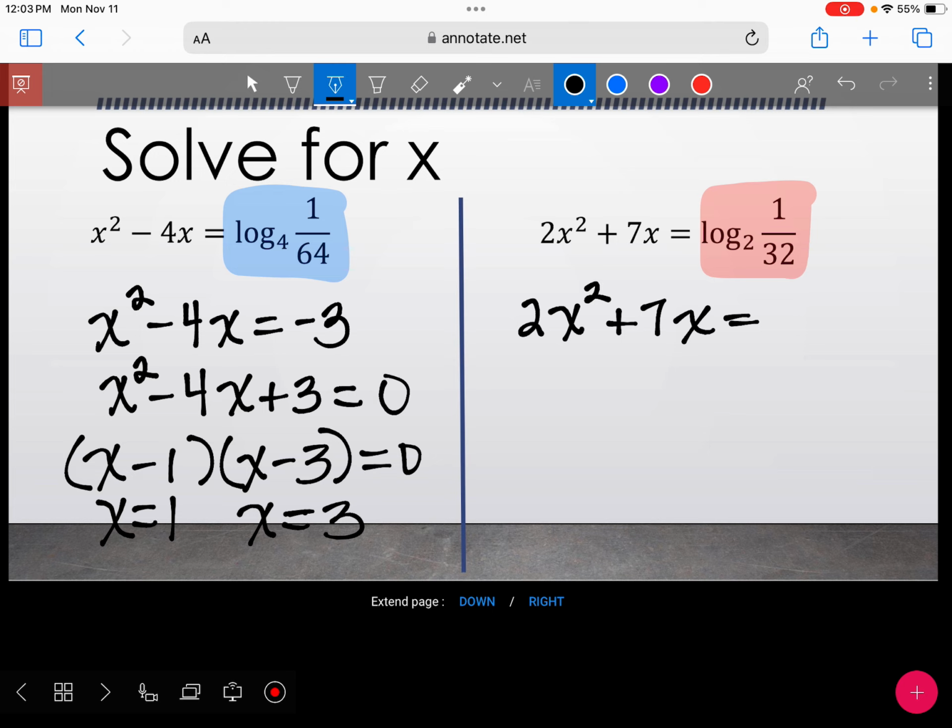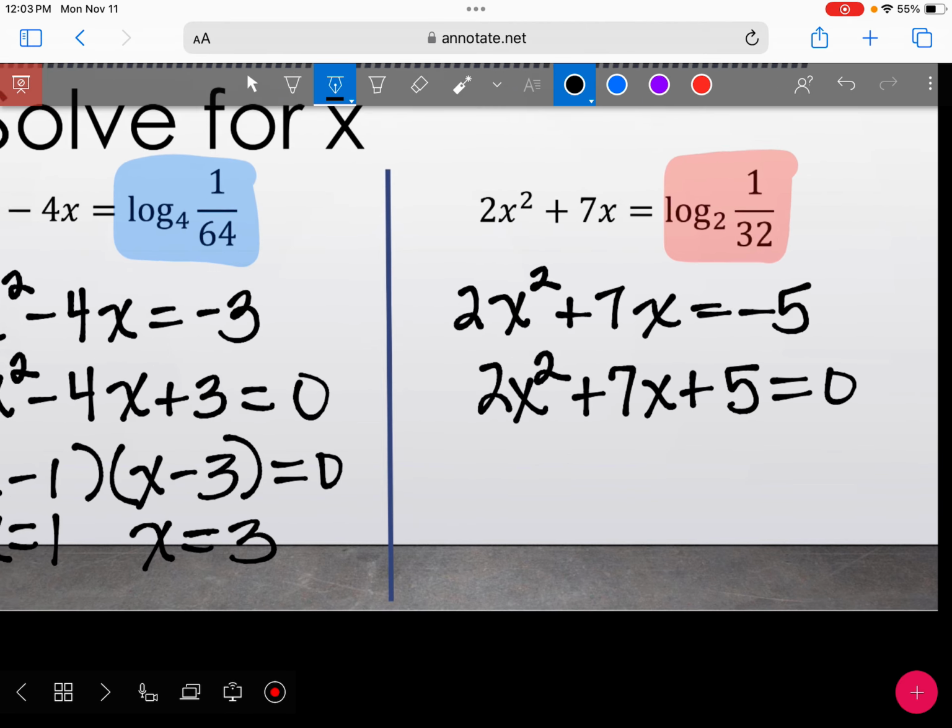All right, so 2 to the what power is 1 over 32. Negative 5. Set that equal to 0. Okay, so this one you cannot do a shortcut.